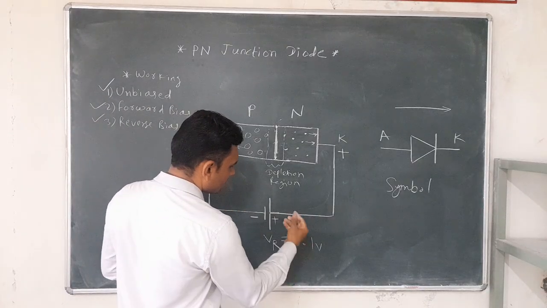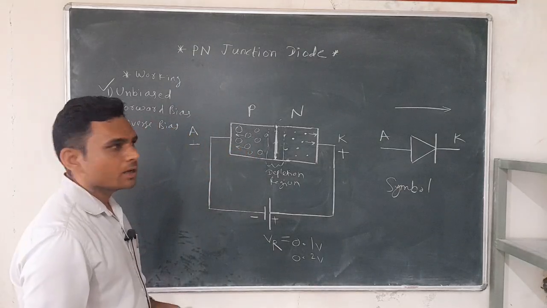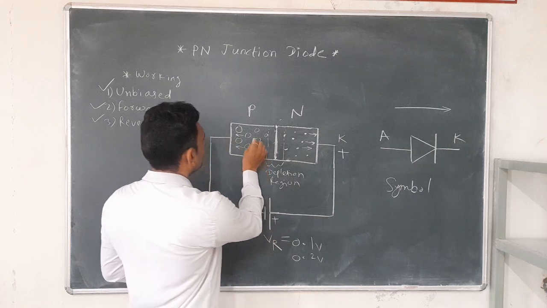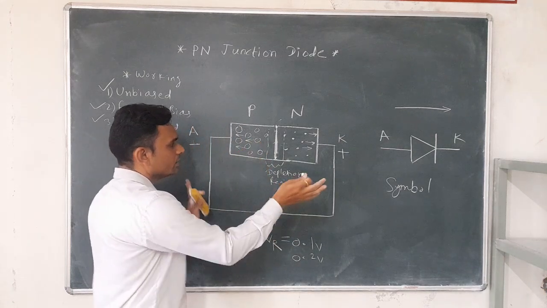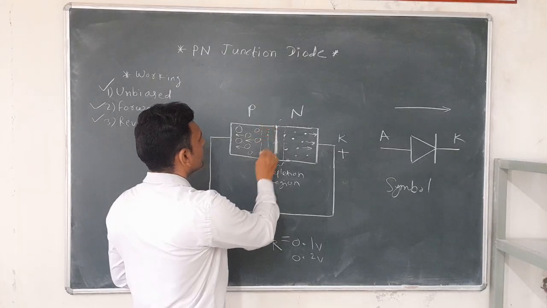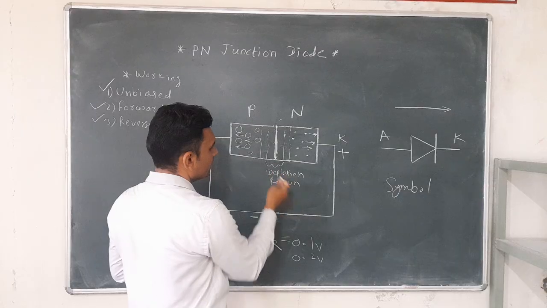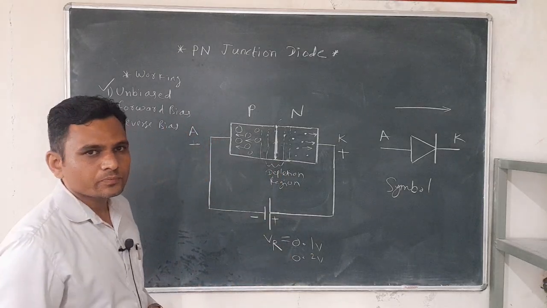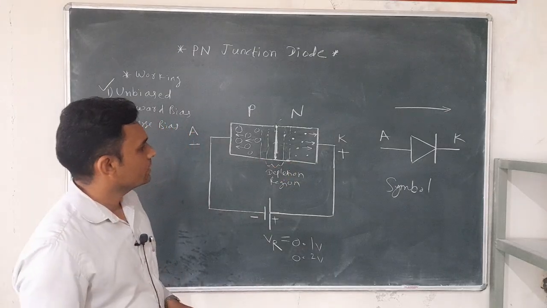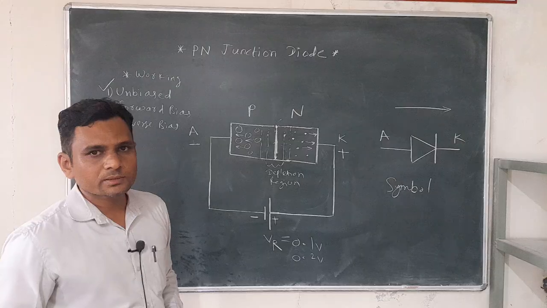So with increase in this reverse voltage, for example 0.2 volt, 0.3 volt, more and more electrons and holes move away from the junction. Therefore, this depletion width increases. Depletion width increases with increase in the reverse voltage. So when depletion width increases, that barrier potential increases, so resistance of PN junction diode increases.